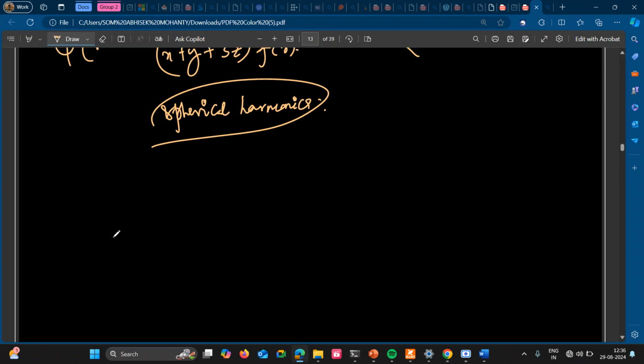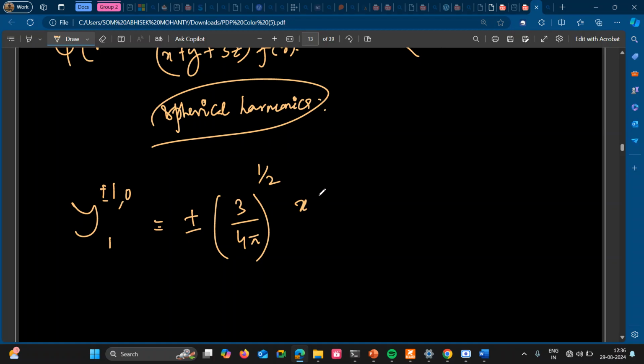So spherical harmonics Y1, plus or minus 1, 0. This state will have plus or minus (3 by 4 pi) to the power 1 by 2, (x plus or minus iy) divided by root 2 r.